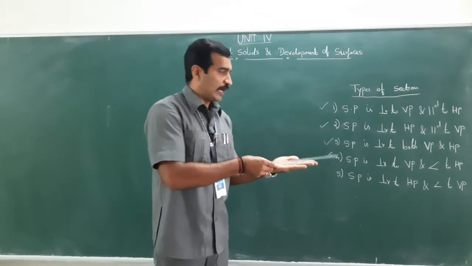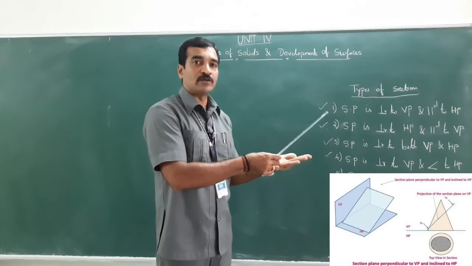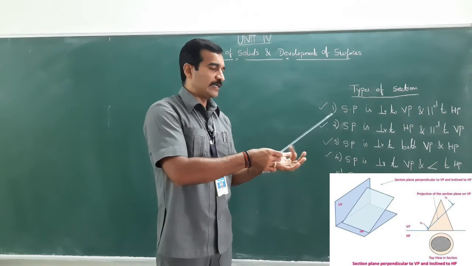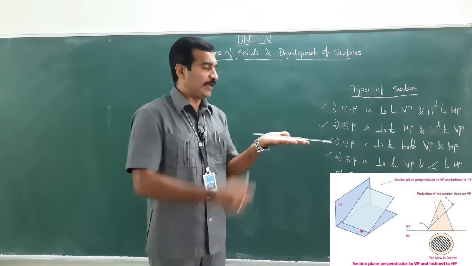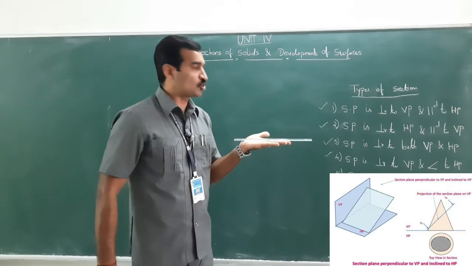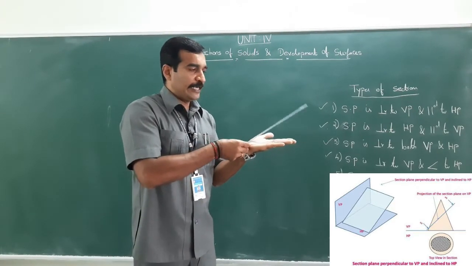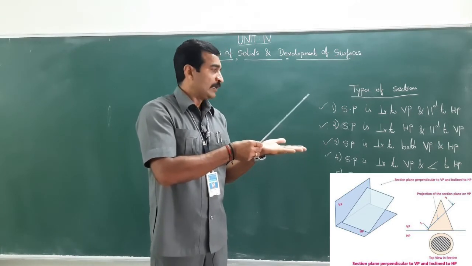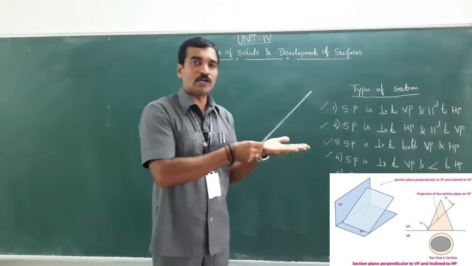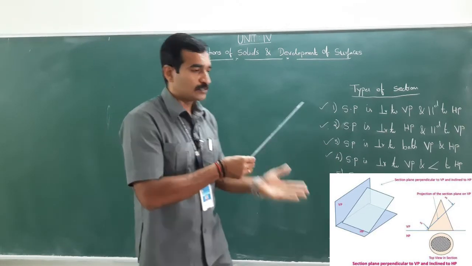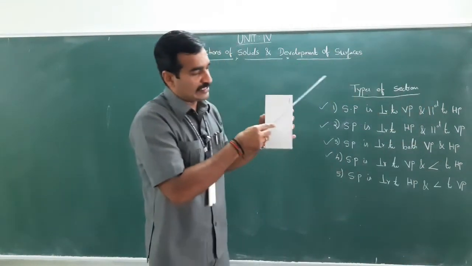So this is how the object is, the section plane is going to be, right? If I keep this angle as 0, the section plane would be parallel to HP and perpendicular to VP. If I keep some inclination with respect to HP, that means the section plane is perpendicular to VP and inclined to HP. So the object would be cut in this manner.